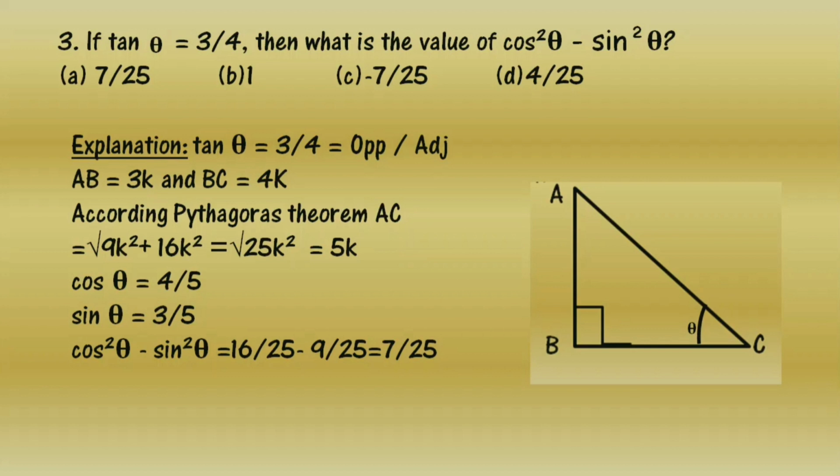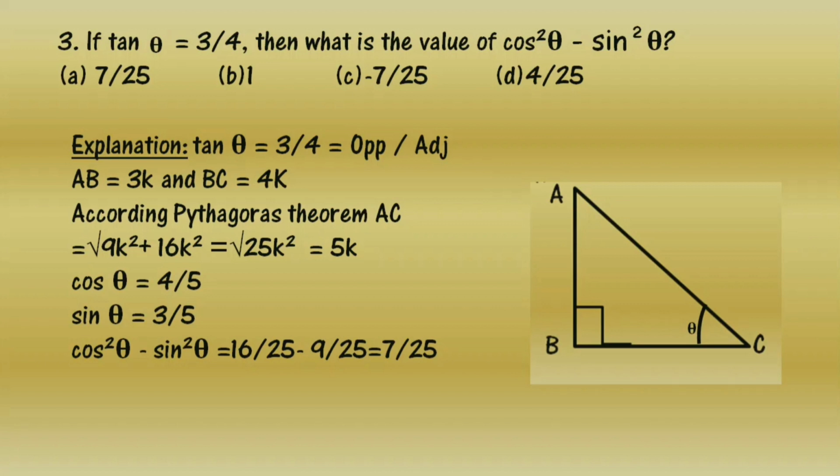According to Pythagoras theorem, we have to find AC. So here root of 9k square plus 16k square equal to root 25k square equal to 5k. So now we found all the sides. Then we can find the value of cos theta and sin theta. Cos means adjacent by hypotenuse, so 4k by 5k. The k's you can cancel: 4 by 5.